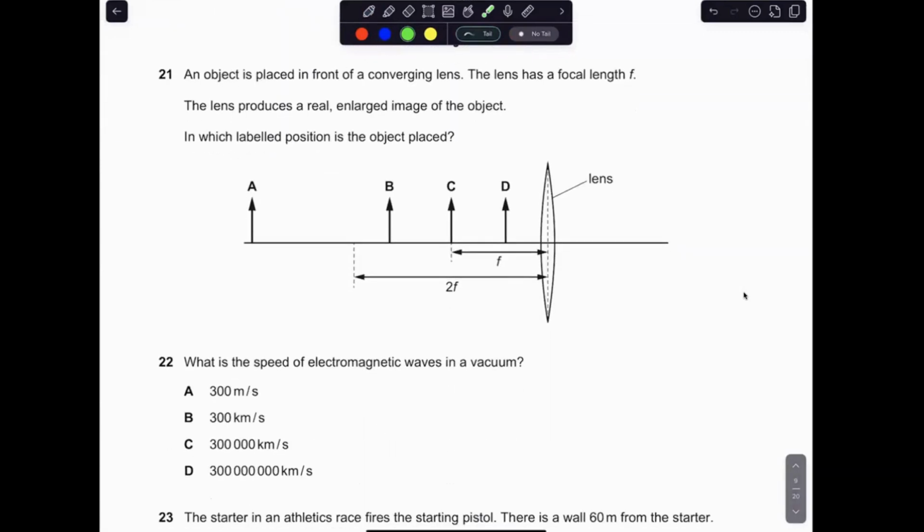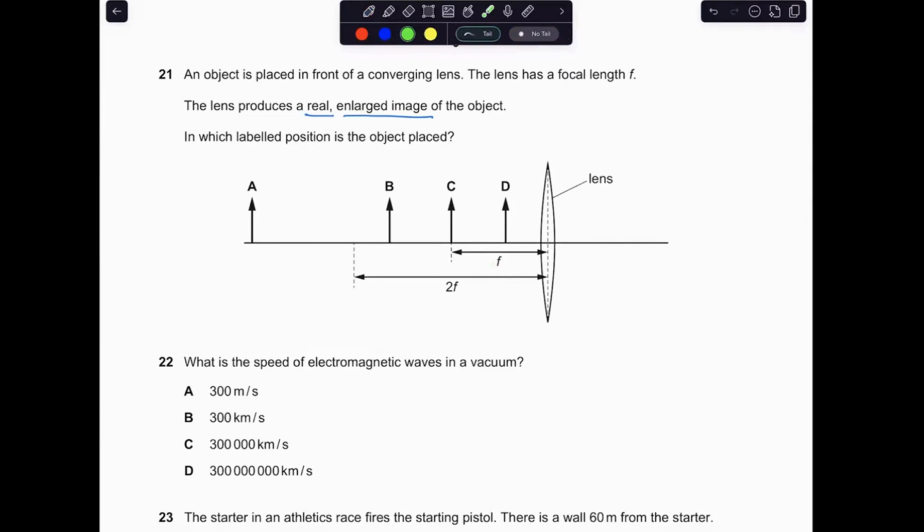Okay, so 21. An object is placed in front of a converging lens and the lens has focal length f. The lens produces a real enlarged image of the object. In which labeled position is the object placed? There are certain locations where we know what the result is going to be.